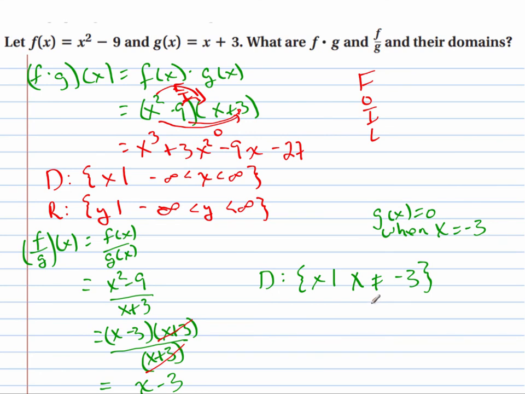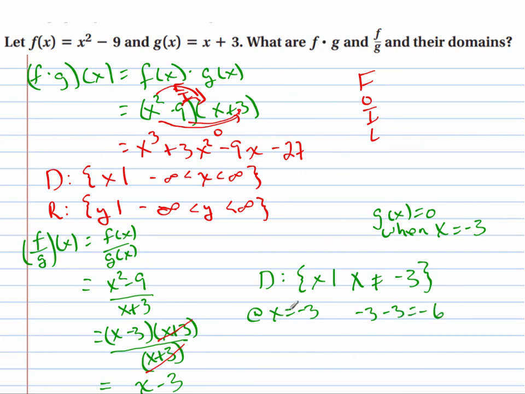Now what does this do to my range? Well, this is going to be a line, and it's going to have a hole at x equals negative 3. Let me see what my range is. At x equals negative 3, negative 3 minus 3 is negative 6.